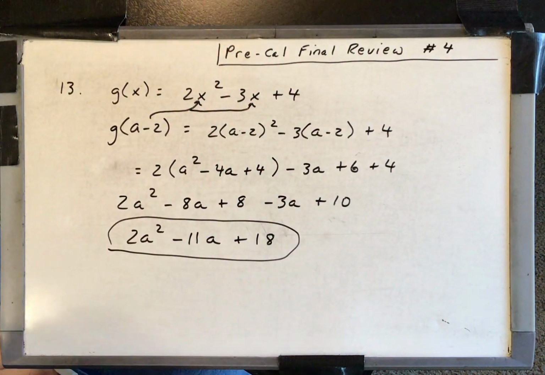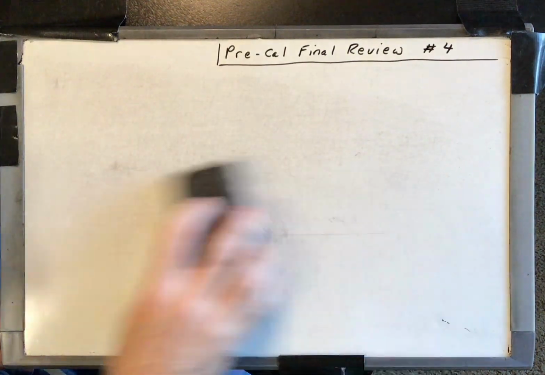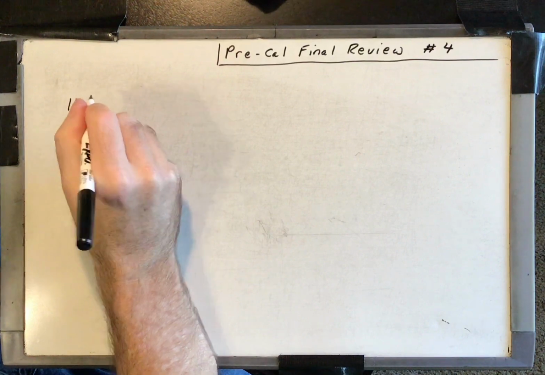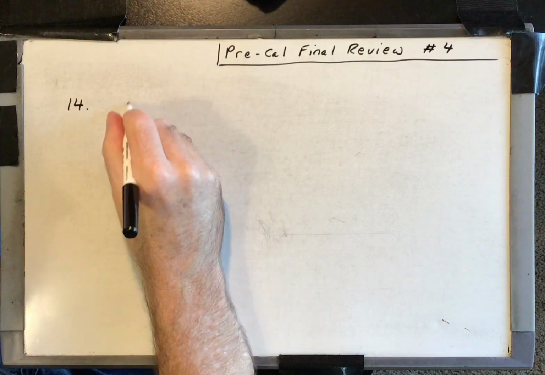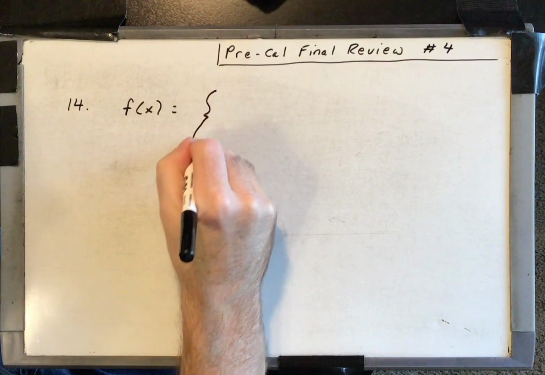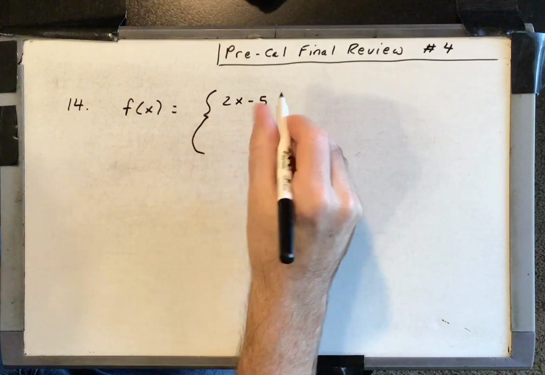All right, let's work one final problem for this video. That is number 14. And we have f of x. We have 2x minus 5.